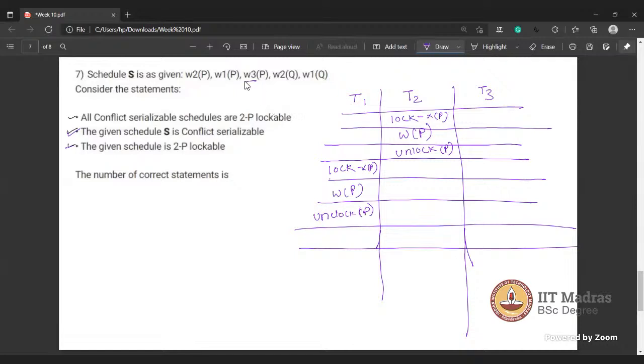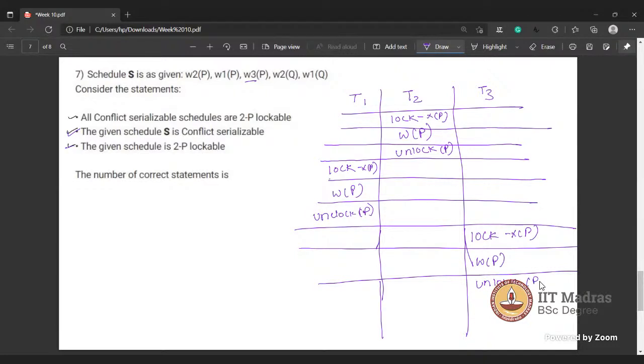Then W3P. You have to apply an exclusive lock, XP. Then you have to unlock P. Unlocking is not mandatory over here, right?